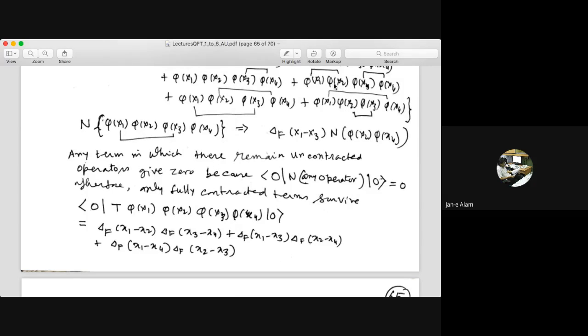And what are those 3 fully contracted terms? Phi x1, x2, right? That will give you the Feynman propagator from x1 to x2, and then contracted x3 and x4.